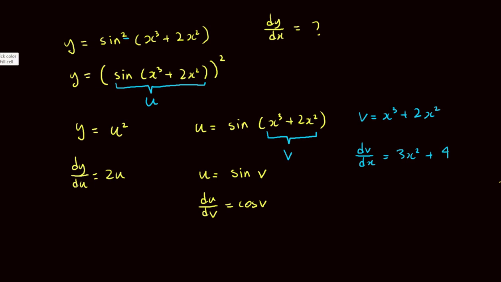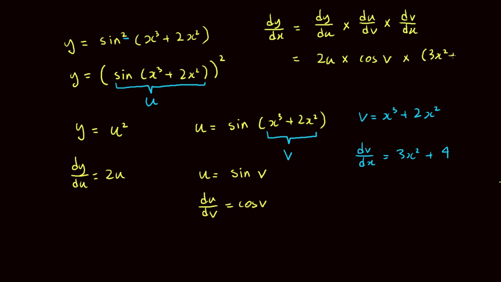Once we find dy dx, it will just be dy over du times du over dv times dv over dx. Plugging that in, that's simply 2u times cosine of v times (3x squared plus 4).